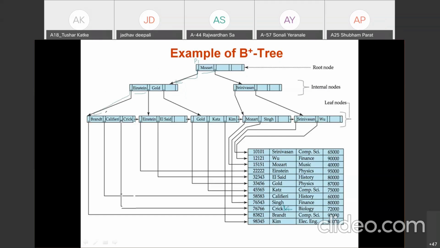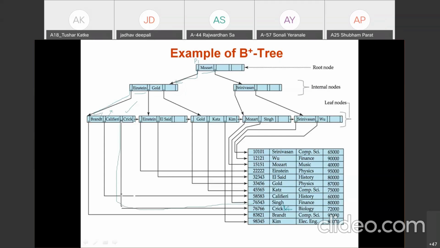So follow this pointer. Now it is a leaf node. Now sequentially search whether it is Crick. No, it is not Crick. Whether it is Crick? No, it is not there. Here we got Crick. Follow this pointer. This pointer points to the record with the search key Crick.